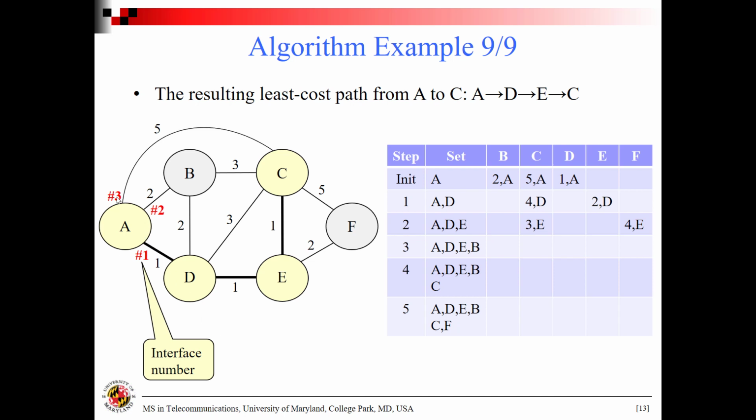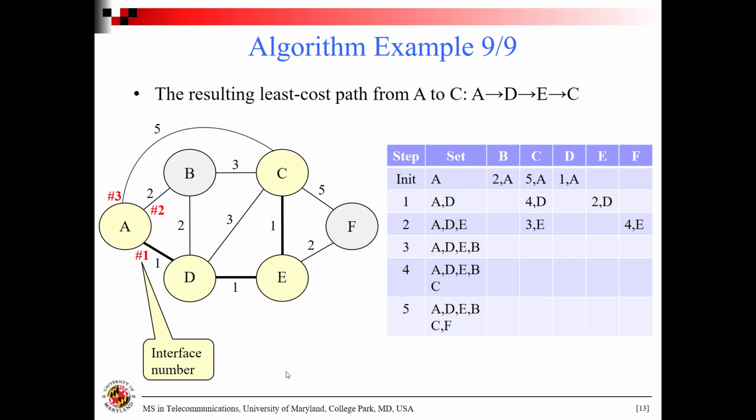So now we pretend that this graph node is an actual router, and it has 1, 2, 3 interfaces which connect it to its neighbors. And we just arbitrarily number them. So we just assume that this interface is interface number 1, this interface here is interface number 2, and this interface here is interface number 3.